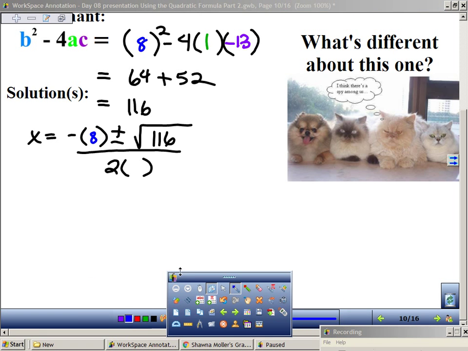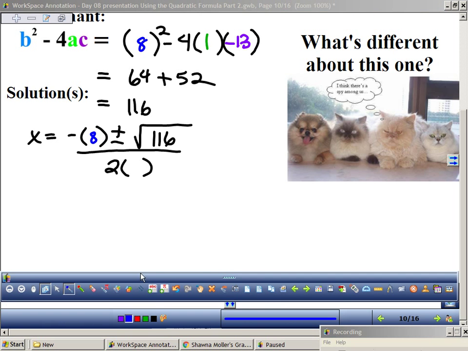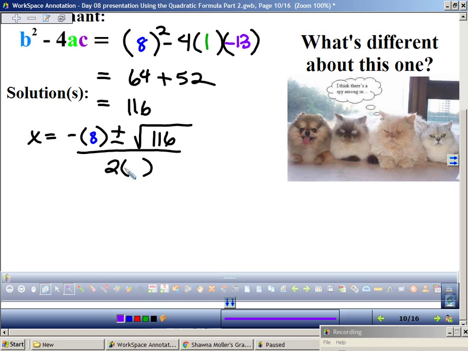And my c is negative 13. Oh, it's supposed to be a. All over 2a. My a is 1.